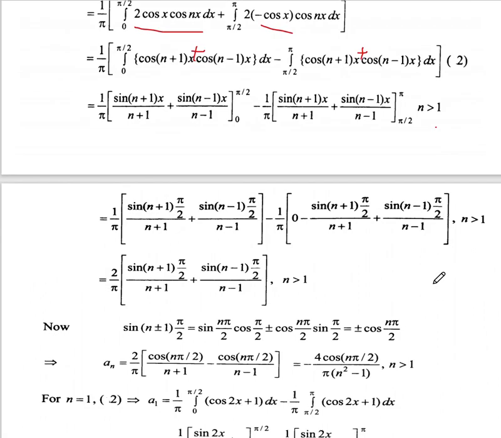So what are the next steps? Now we will put upper limit minus lower limit. Instead of x we put the upper limit.